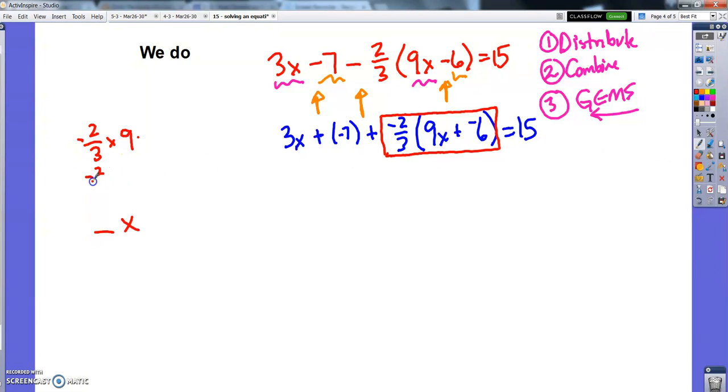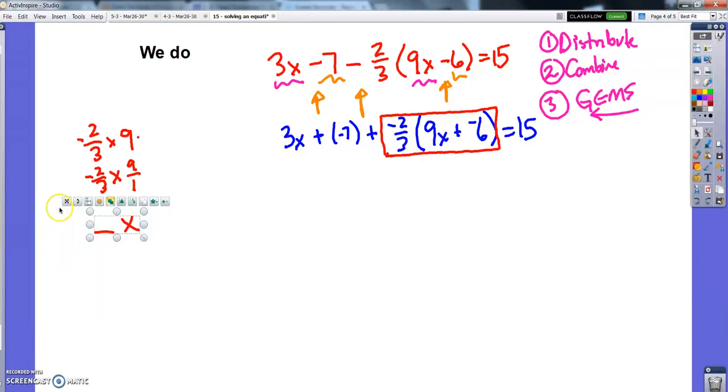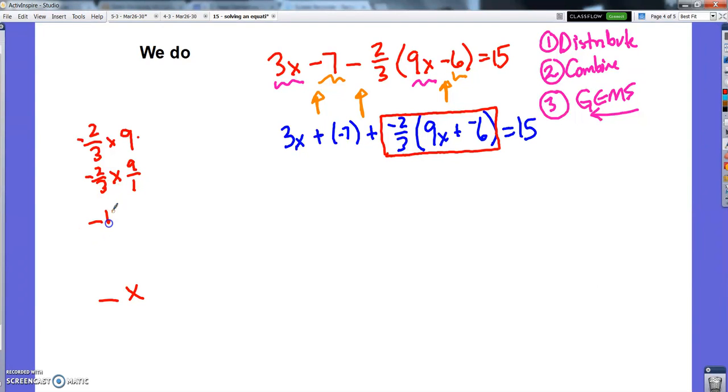That is negative 2/3 times 9 wholes, which is negative 18 thirds. Oh, and that works out to a whole number actually, so that's actually negative 6.